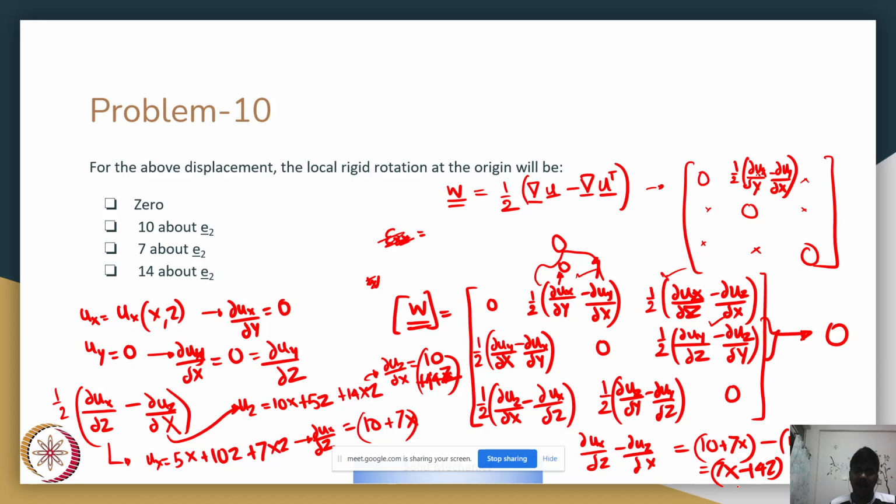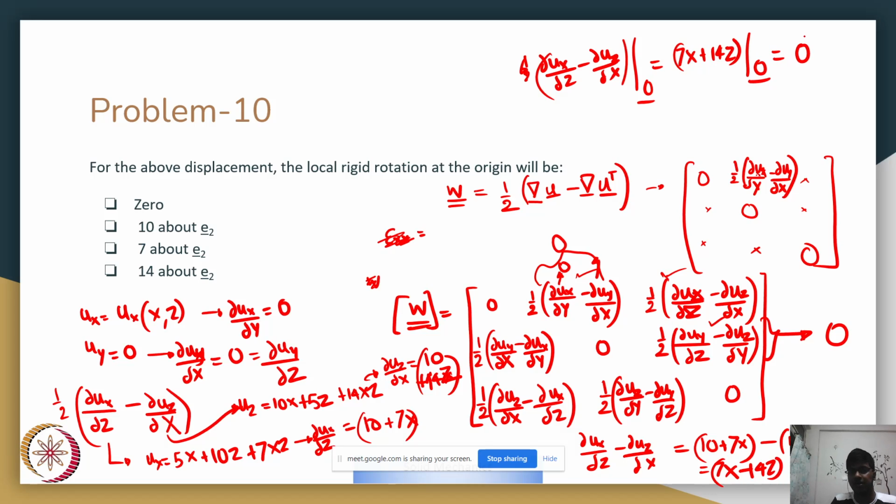And at the origin, this is essentially 0, right?